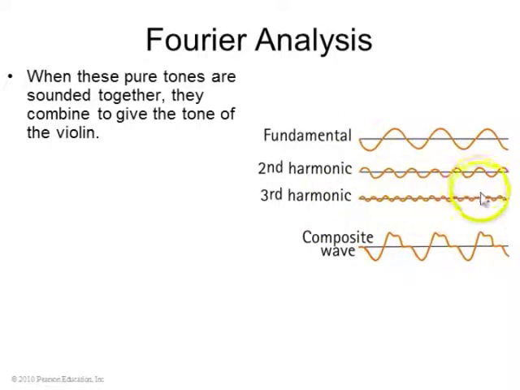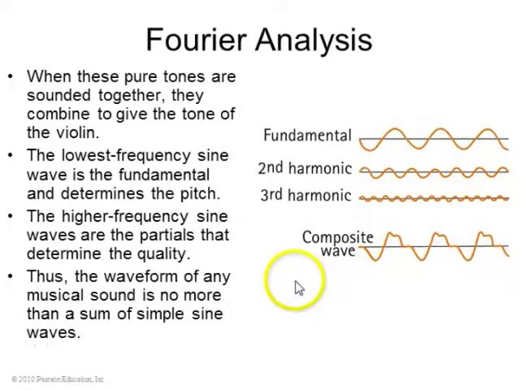You just adjust the relative amplitudes of these harmonics, and you can make it sum up to look just like this composite wave. So any musical note is actually the sum of a bunch of different sine waves of different frequencies. And that's what we hear. That's how we can hear with our ear and tell different timbres of sound.